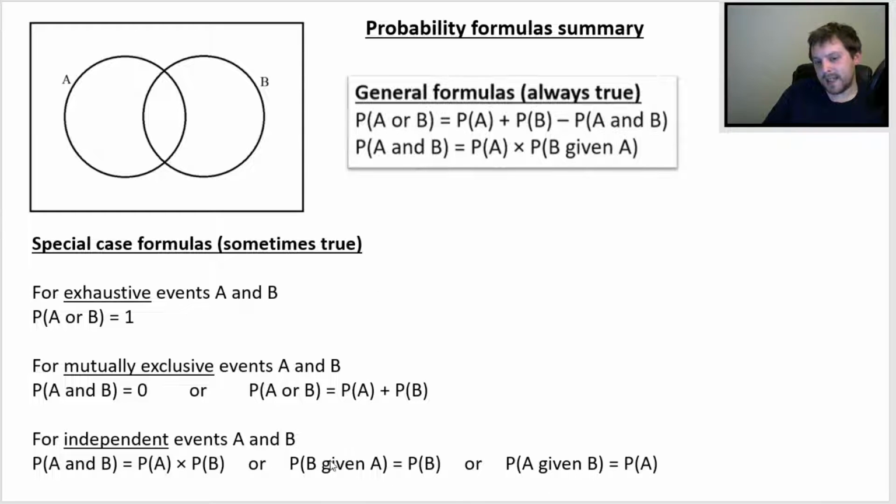Now, a lot of the stuff to do with conditional probability, you don't really need to use until year 13. Which is why I'm going to grey it out and possibly recommend that you just learn this for the time being.